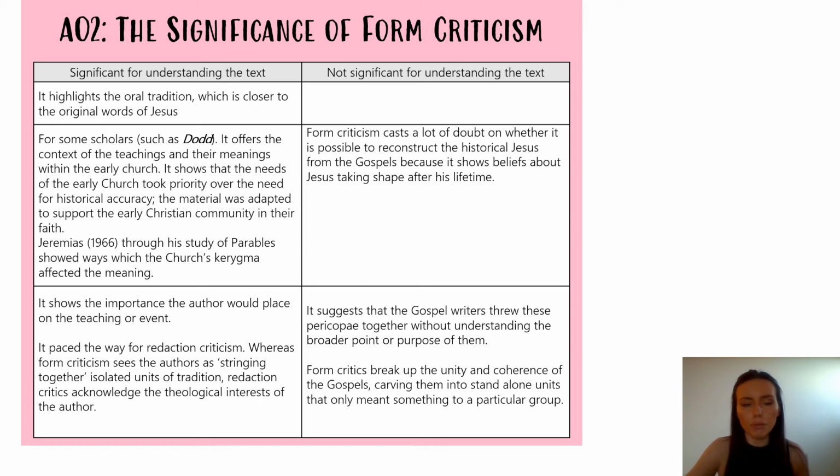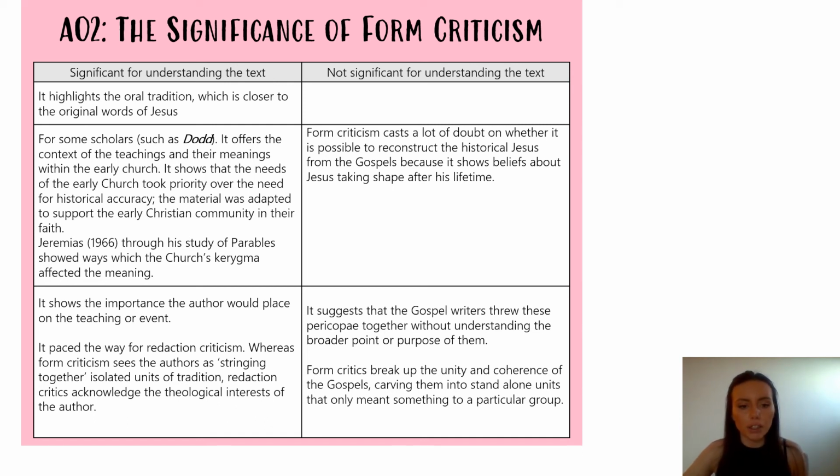The counter argument is form criticism starts to raise questions about how much we can learn about the historical Jesus if so much of these gospels have been altered to meet the needs of the early church. So kind of here you've got a question of, is it more important to know about the early church and their needs and their demands, or is it more important to know about Jesus and the historical Jesus in particular?